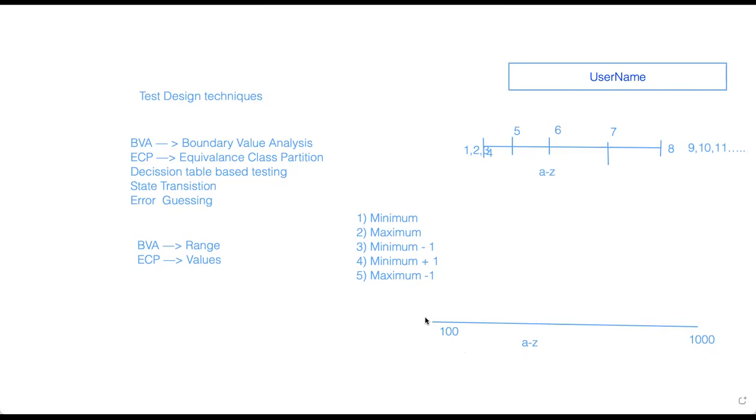We need to cover boundary values: 100, 1000, 100 minus 1, 100 plus 1, 1000 minus 1, 1000 plus 1.